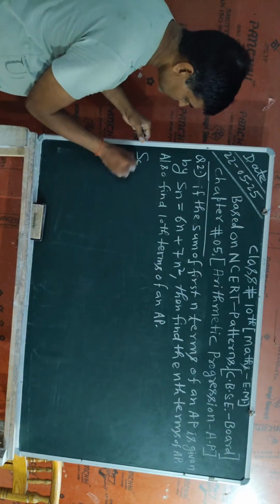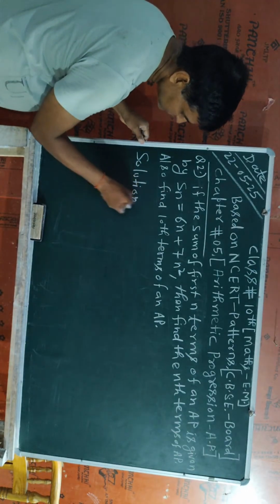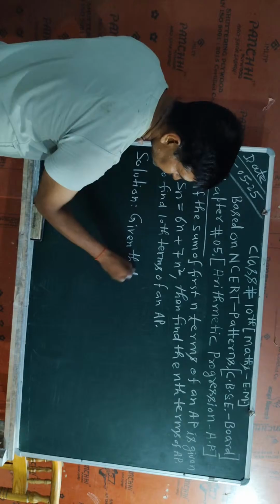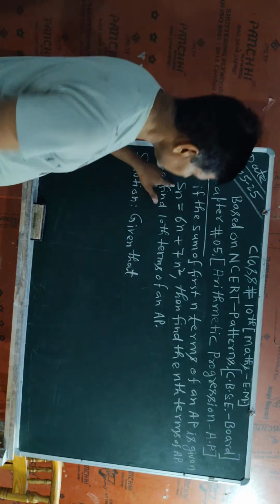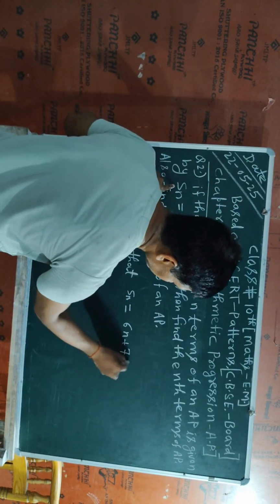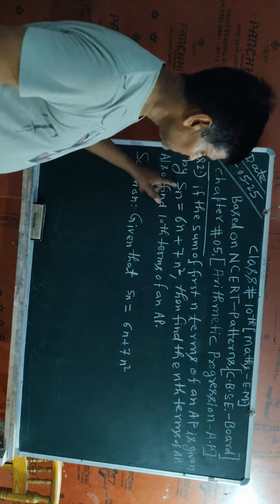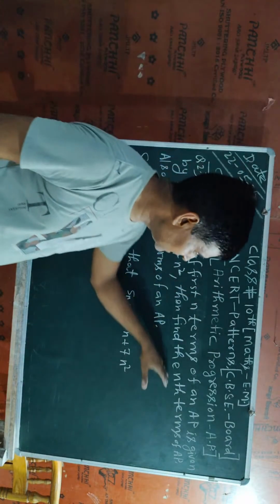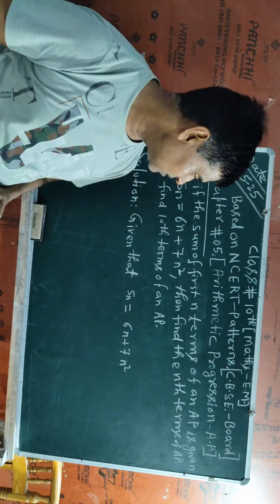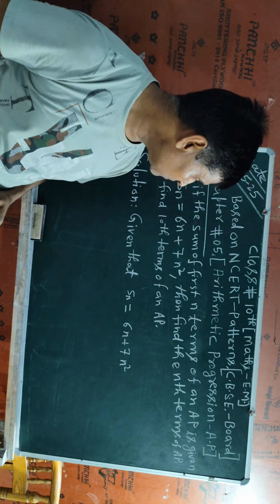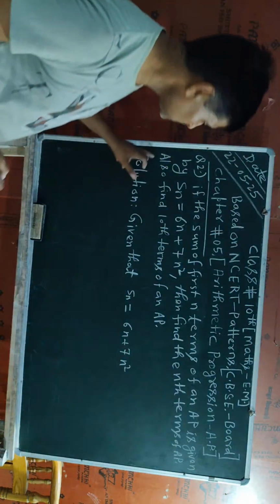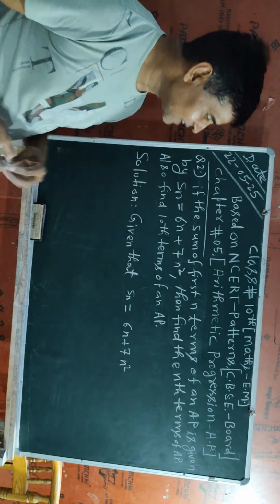So here I am going to write the information, that is given that Sn, the value of Sn, is 6n plus 7n square. This information is given. Then find the nth term of the AP. So we will get the value of the nth term, which I can obtain by the formula, but the next information I am also going to give. Now also find the 10th term of that arithmetic progression.